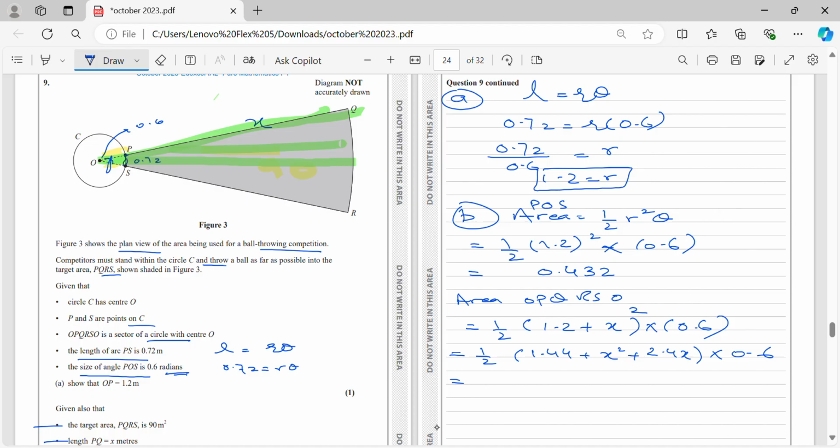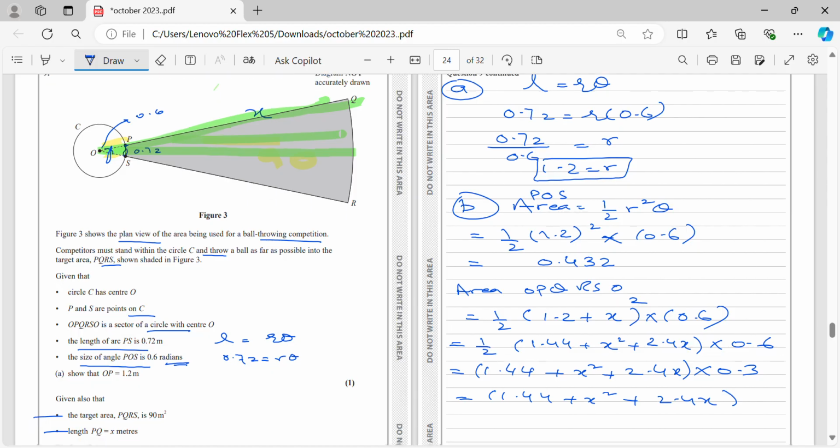I always simplify first because it makes it easy for us. So 0.6 divided by 2 is 0.3, and now I'm going to multiply 0.3 with 1.44 plus x squared plus 2.4x. Okay, so let's multiply it.